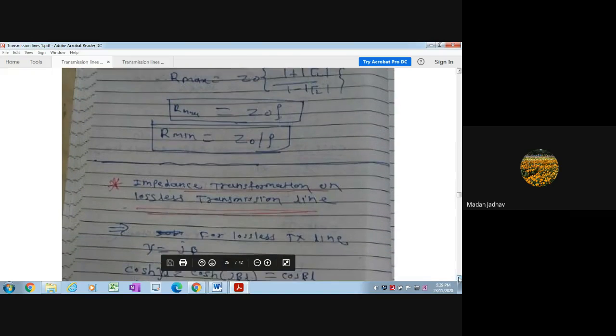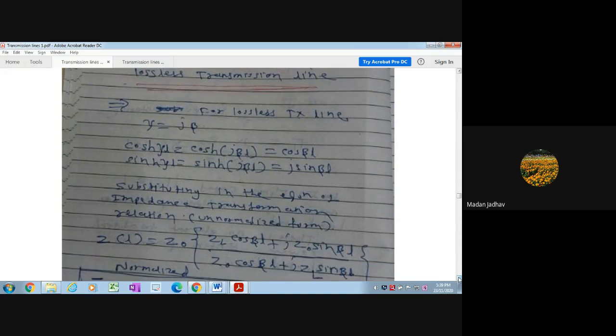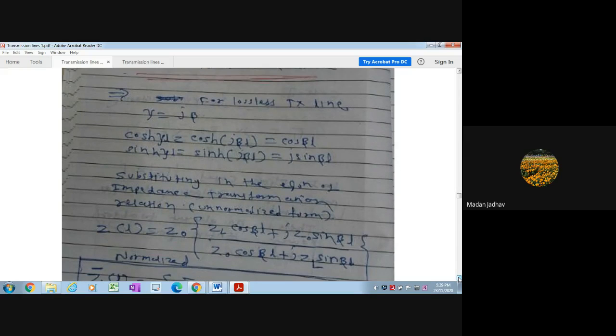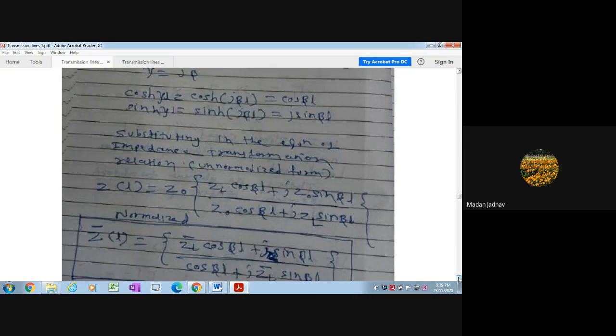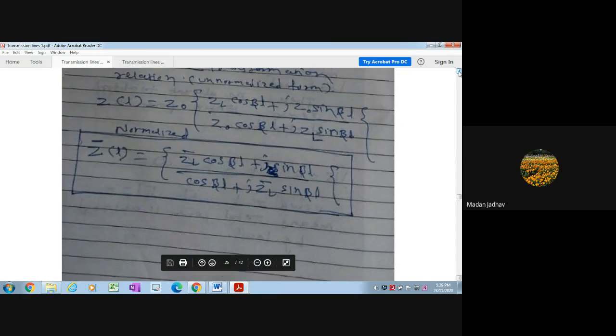Okay, now the equation which we have seen previously was for a general transmission line. Now for the specific case of a lossless transmission line, what is the equation for impedance transformation? Here alpha will not be there, only beta, because alpha is 0 for a lossless transmission line.